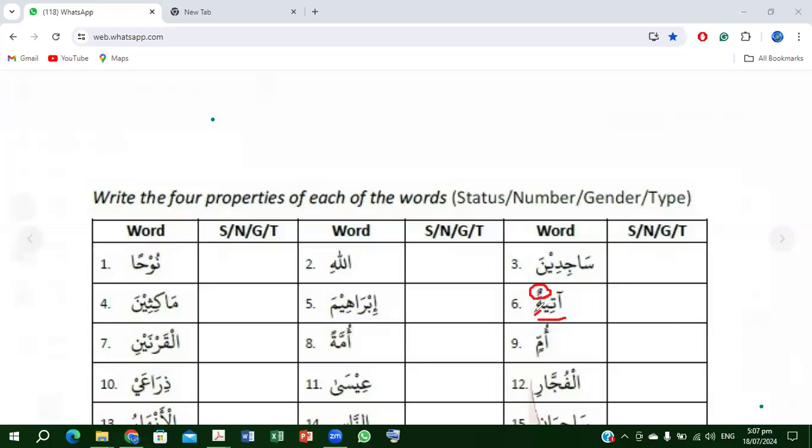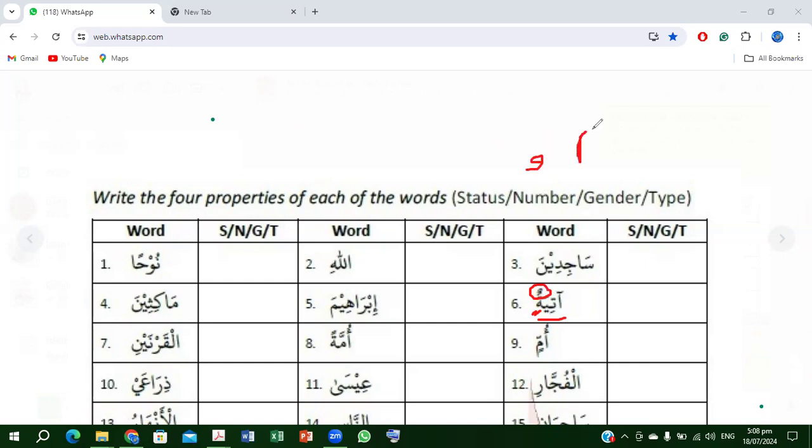It could be tanween, could be like this also. So then also it will be rafa. If it is atiyatin, then what will be the status? Jar. So it means tanween is not the sign of rafa.